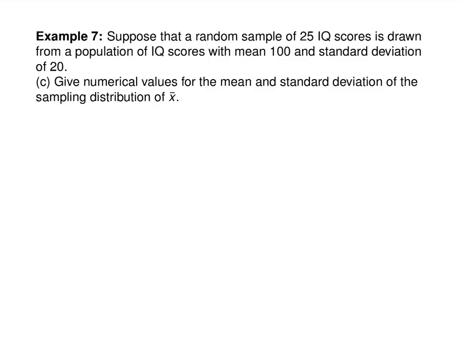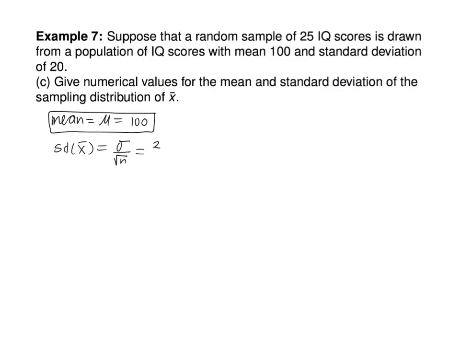Give the numerical values for the mean and standard deviation of the sampling distribution of x bar. Well, the mean is equal to mu, which is 100. And the standard deviation of x bar, that's sigma over root n, which is 20 over root 25, which we have already repeatedly found is 4.